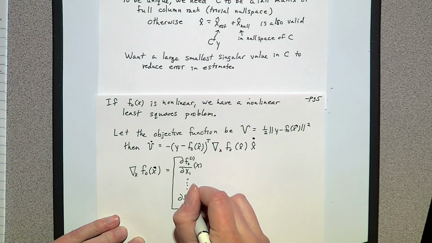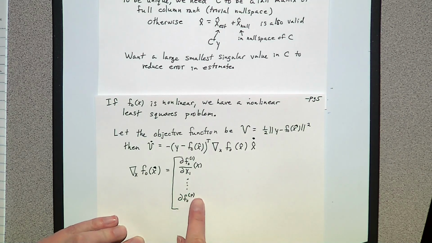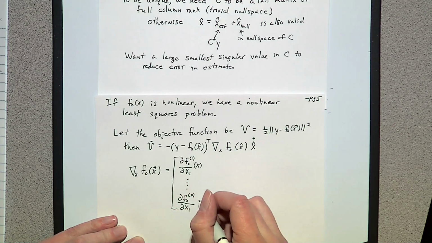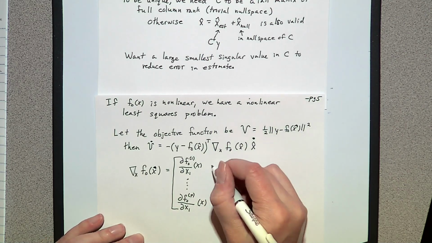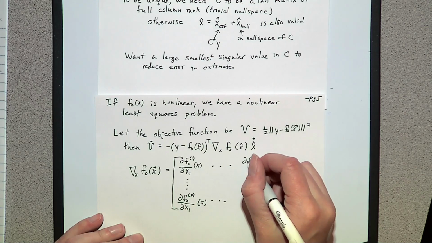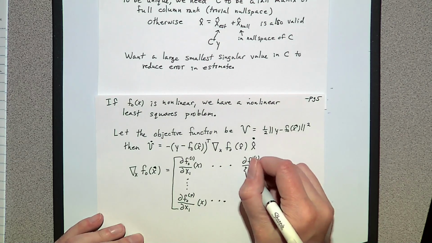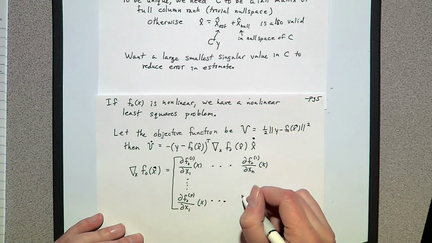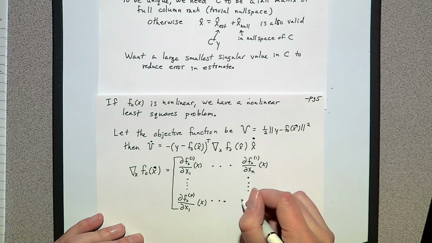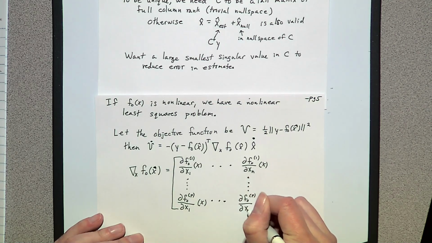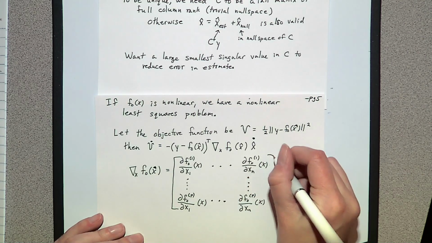We'll say that there's p elements of f0, taking the derivative with respect to the first element of x, to the last element here, f0 p, and x.